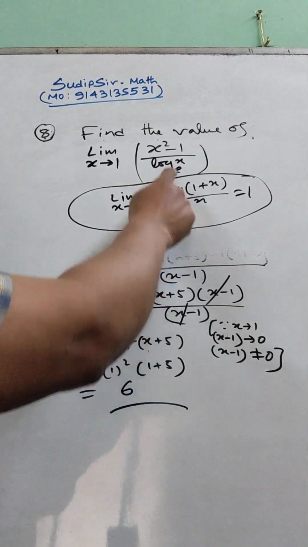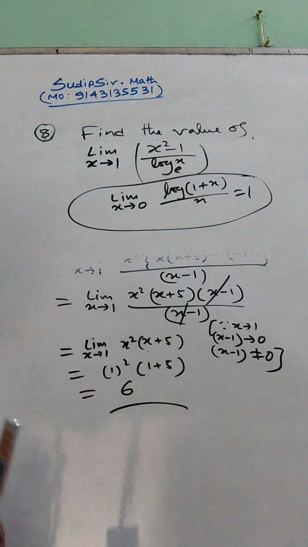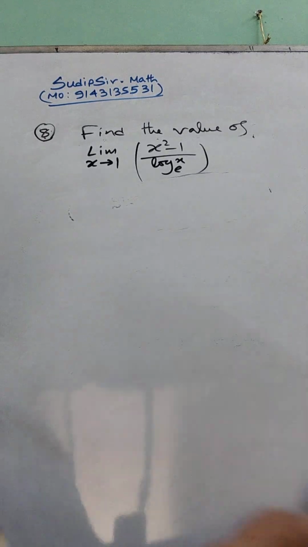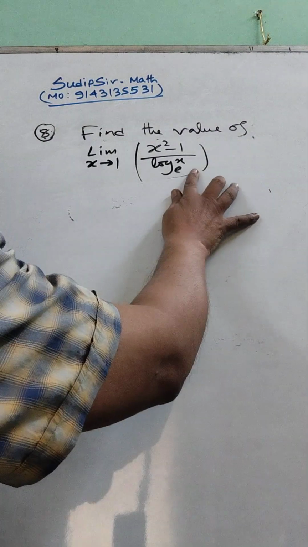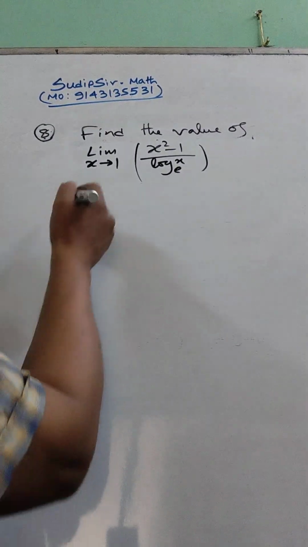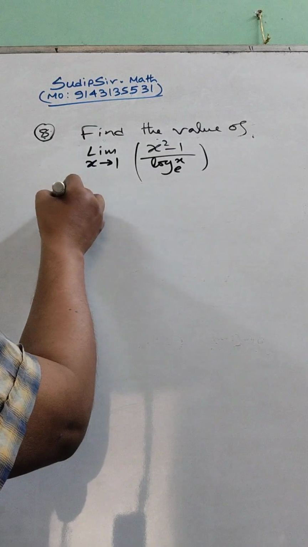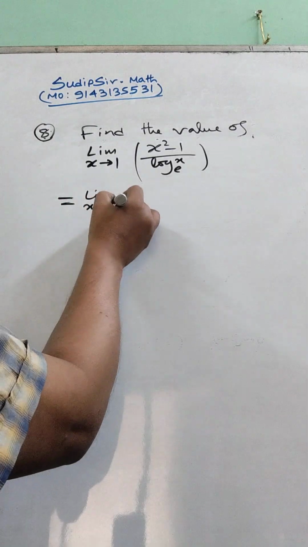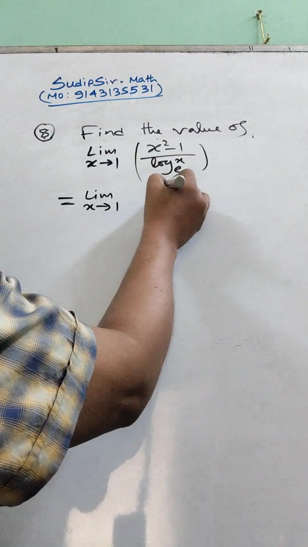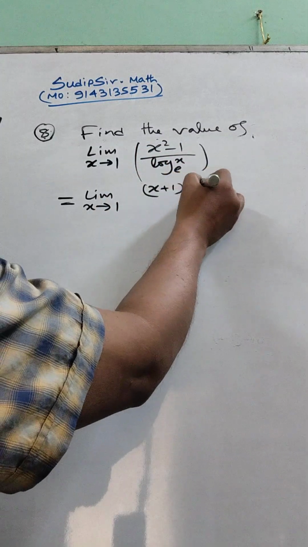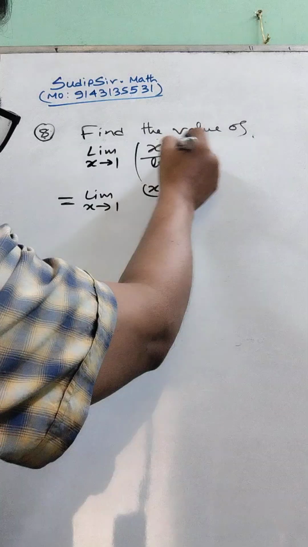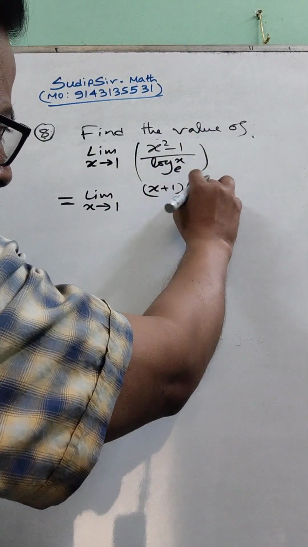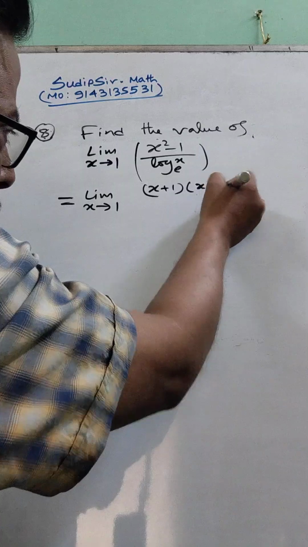So to get this we have to modify this. How? Limit x tends to 1, this is x plus 1 into x minus 1, simply a square minus b square, you know, a plus b into a minus b.